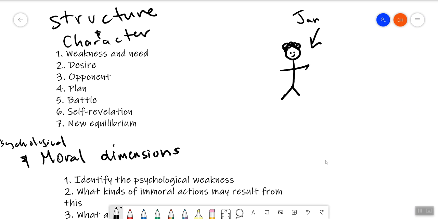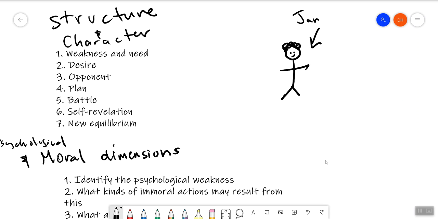Now, this is inevitable. If your story doesn't have a battle of some sort, okay, then it's not working effectively as a story. Now, like I said, the battle here doesn't have to be like a sword fight or kung fu in a hallway or whatever. It can be a slow war of attrition.